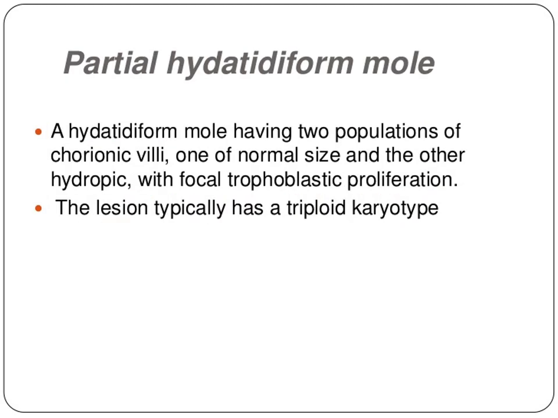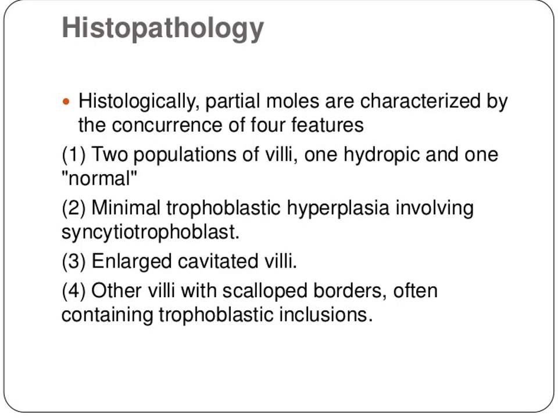Now, partial hydatidiform mole. Partial hydatidiform mole has two populations of chorionic villi, one of normal size and the other hydropic with focal trophoblastic proliferation. The lesion has a triploid karyotype. Histopathological features: partial moles are characterized by four features.